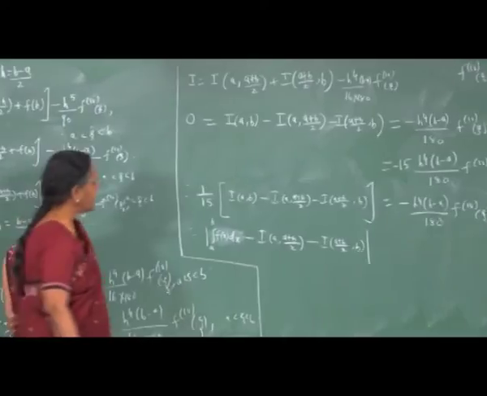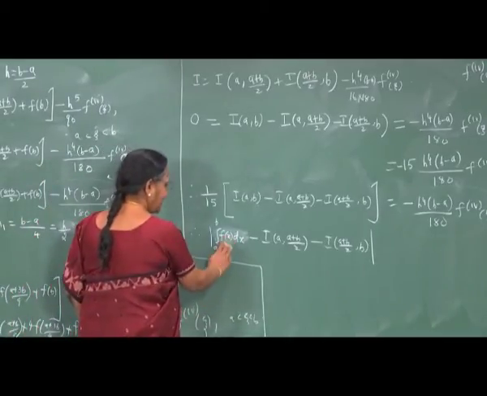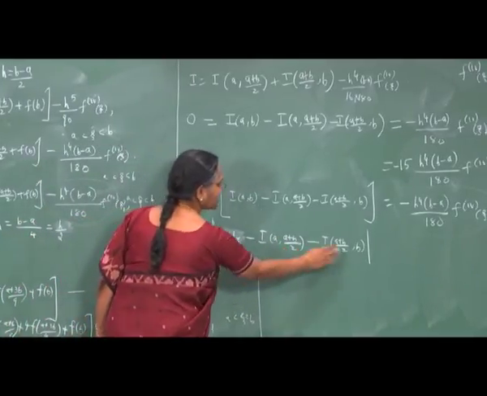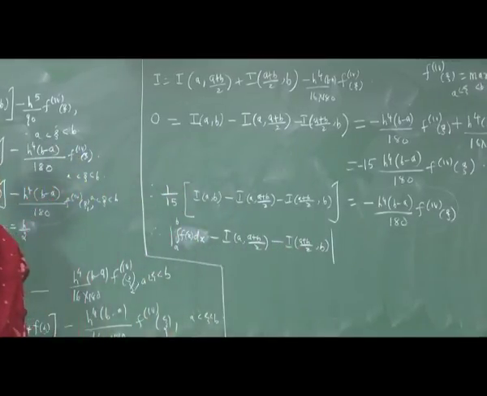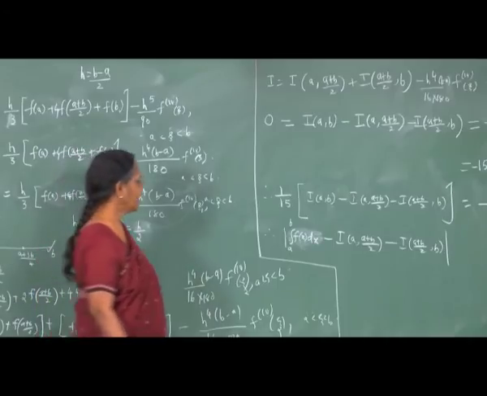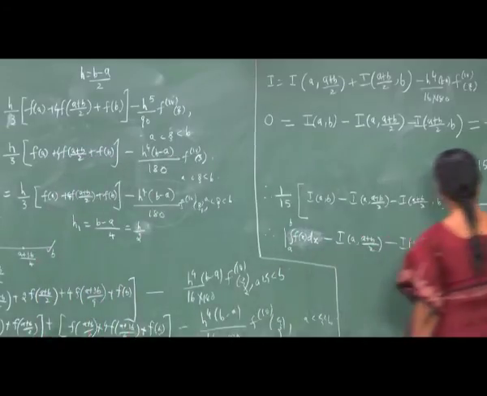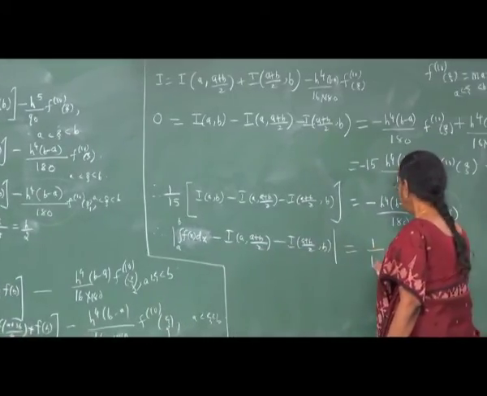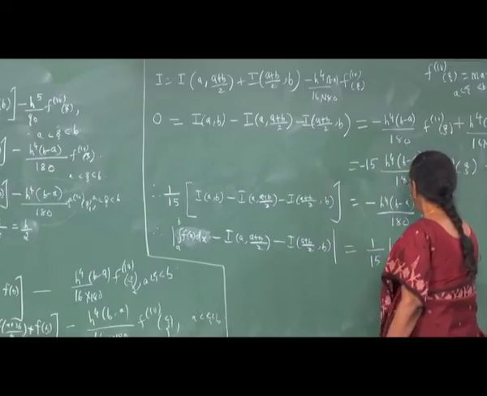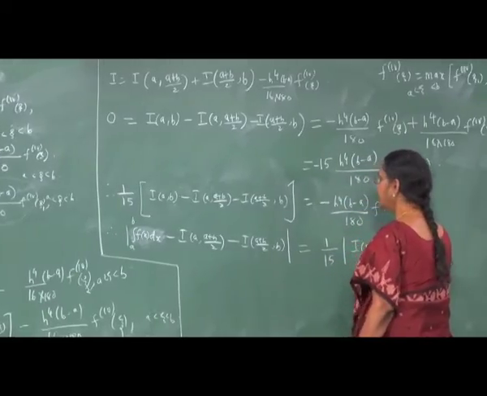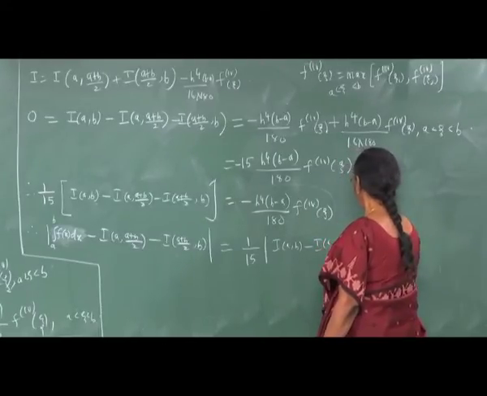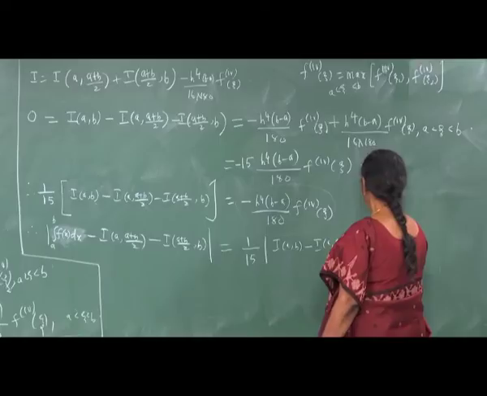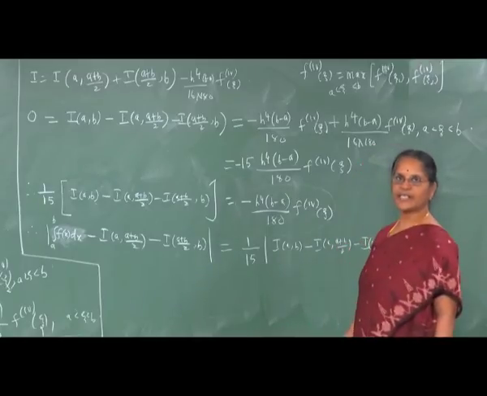So, the difference in the exact integral minus the value that you get by applying Simpson's rule is such that it is going to be 1 by 15 of I a b minus I a comma a plus b by 2 minus I a plus b by 2 comma b. So, this is what you get.